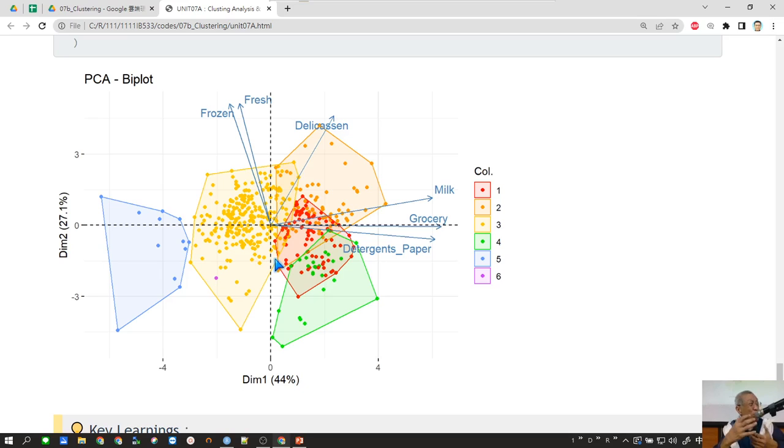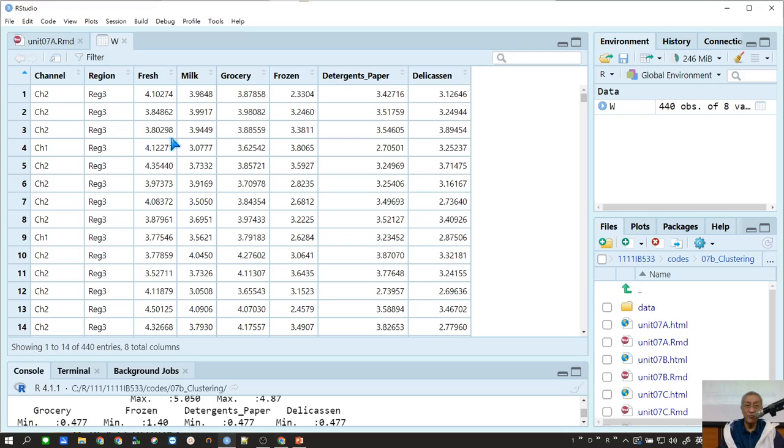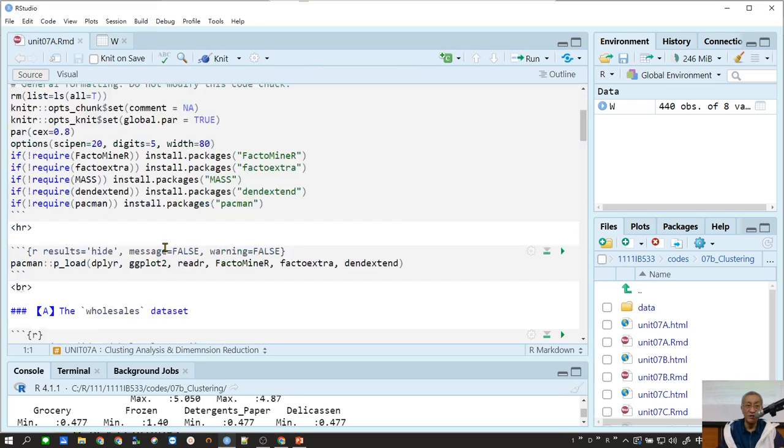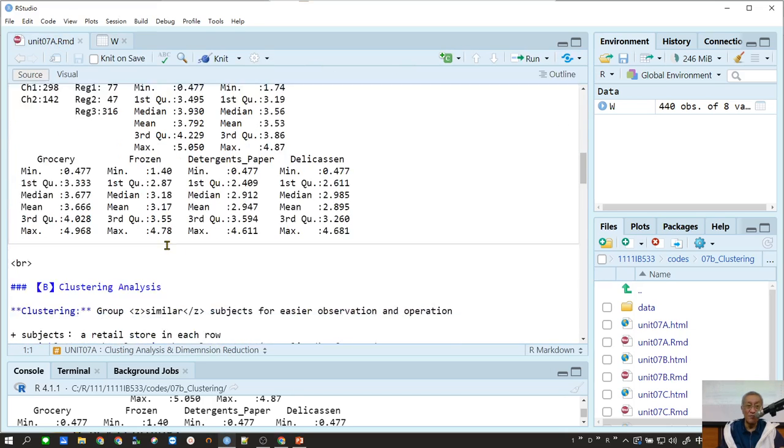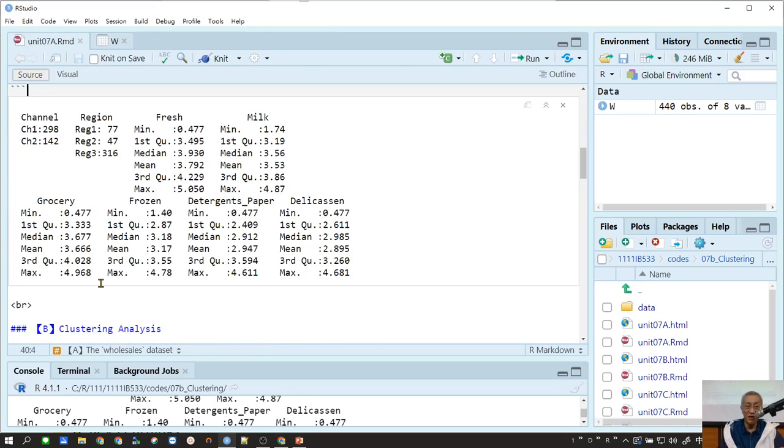Now, without doing clustering, we can already map the data into the space. Even without doing this, if we have this data, we can do some mapping.